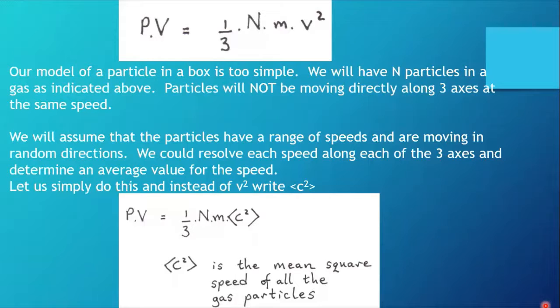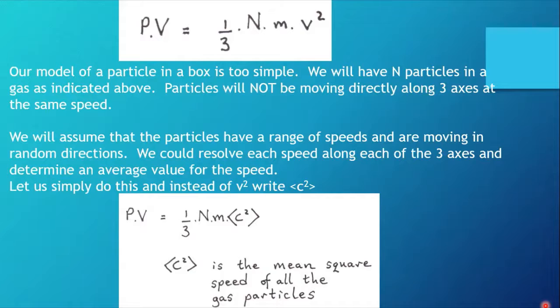So let's assume that the particles have a range of speeds and are moving in random directions. Yes, we could resolve each speed along each of the three axes and determine an average value for the speed, and your textbook probably does that. But you won't be asked to do that in an exam.